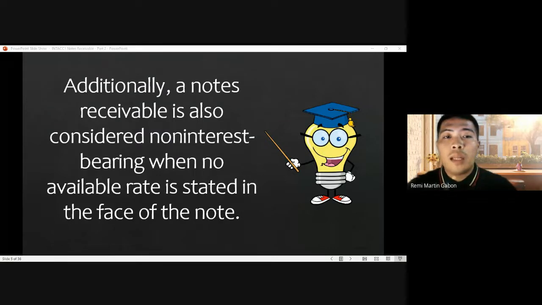But if no interest rate is provided in the face of the promissory note, we assume that it is non-interest bearing. Now, parties may agree to apply interest on such promissory note in equal perspective with the market interest. So, kaya meron tayong application ng tinatawag na yield rates or effective interest rates. Or minsan sa mga books, nandun yung term is market interest rate. Okay?